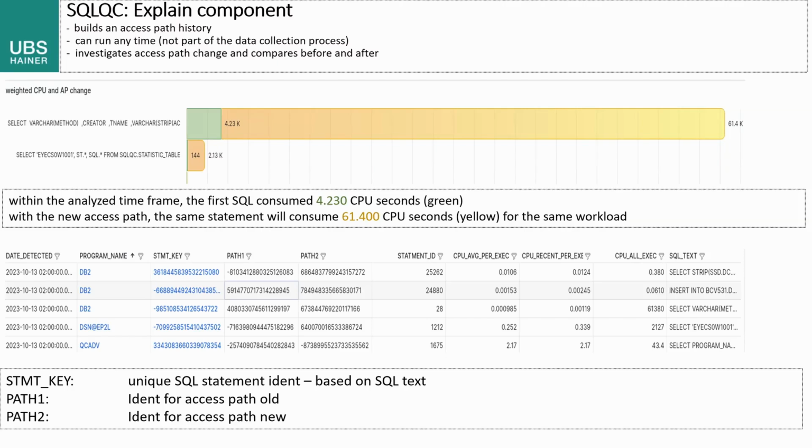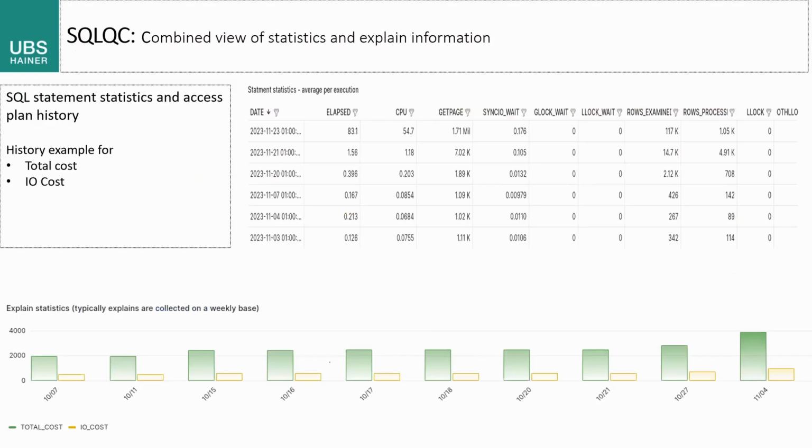So it's quite easy to find out where an access plan change happened, how expensive it is now, which statements are hit by the access plan change, and which programs are hit by the access plan change, and so on.